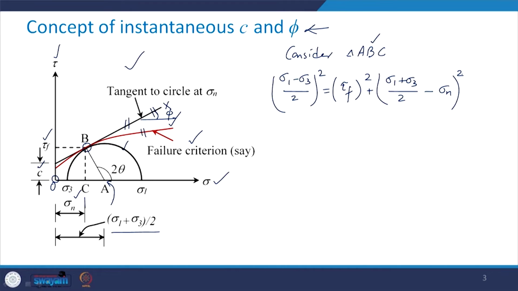Right? What I have done is, this distance AB square is equal to BC square plus AC square. That simple relationship I have written here. Now, this is going to give me the functional relationship, which is sigma 1 is equal to some function of sigma 3.